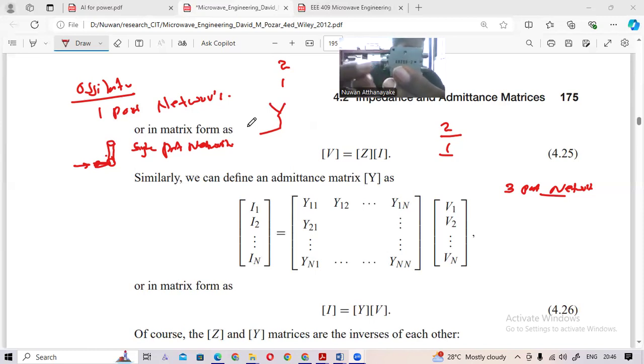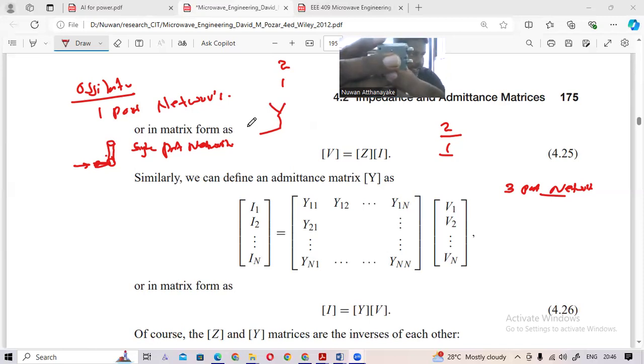If you give a signal to the input, it will split. This splitter will split the signal and send one portion here, another portion here.